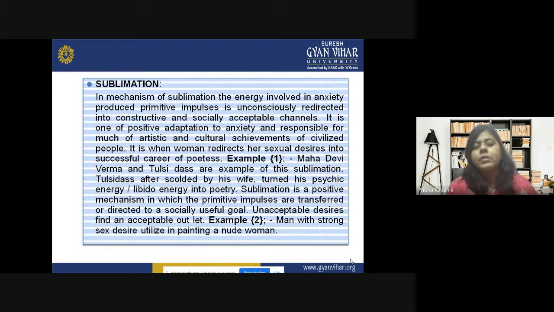Unacceptable desires find an acceptable outlet through this defense mechanism. Example two: a man with strong sexual desire utilizes it in painting a nude woman. Now he is substituting that.